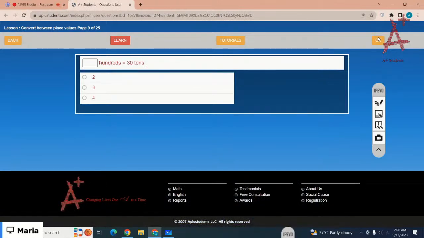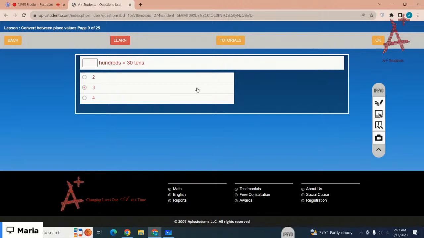Which is the correct option? 30 tens equal 300s.